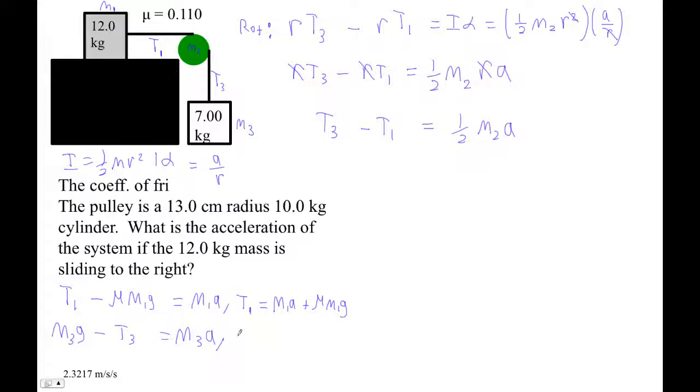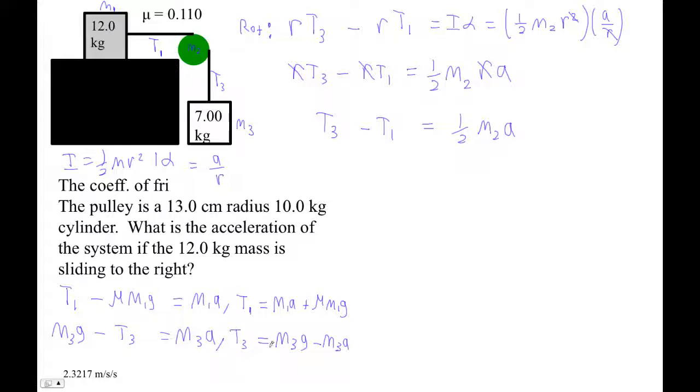So therefore, T3 is equal to M3 G minus M3 A. Now, if you look, I did two steps at once there, right? Because I wanted to make T3 positive, since it's positive here. So what I did was I subtracted this from both sides and added this to both sides.